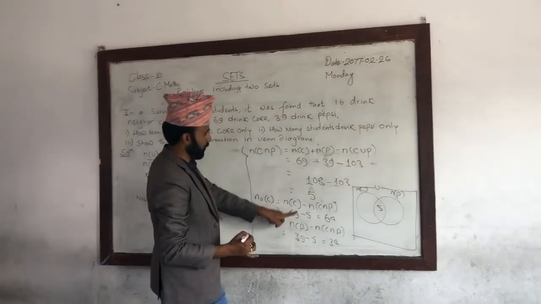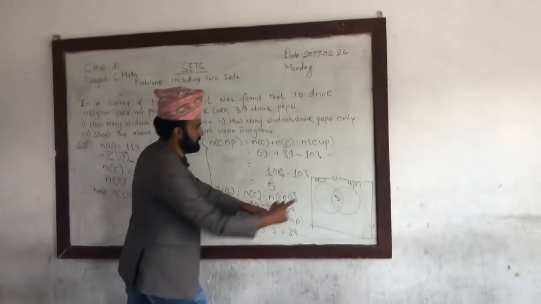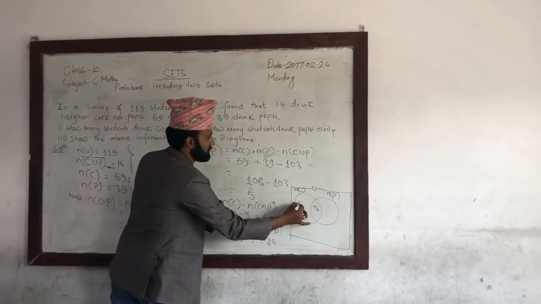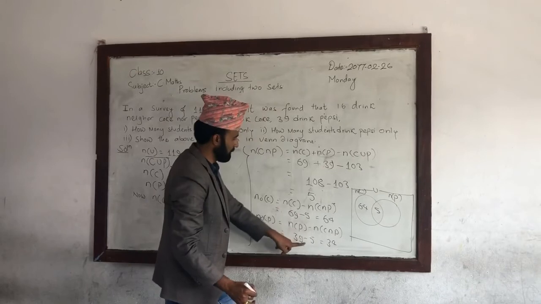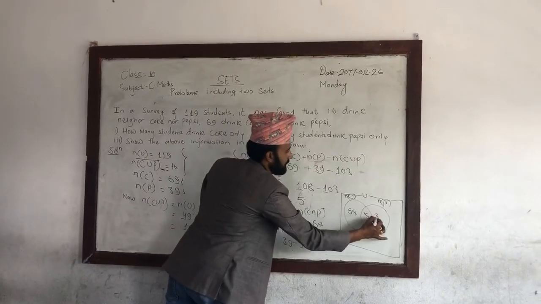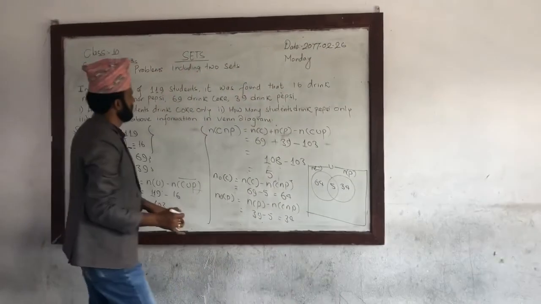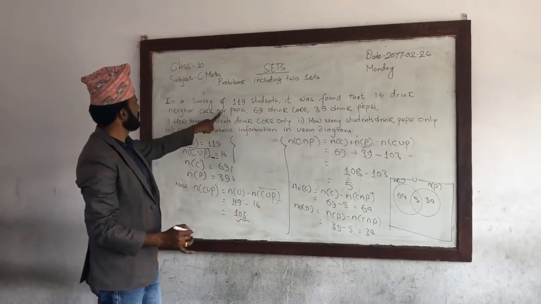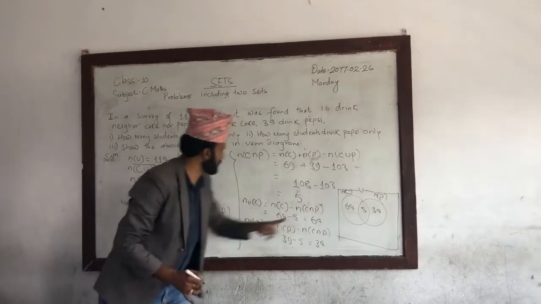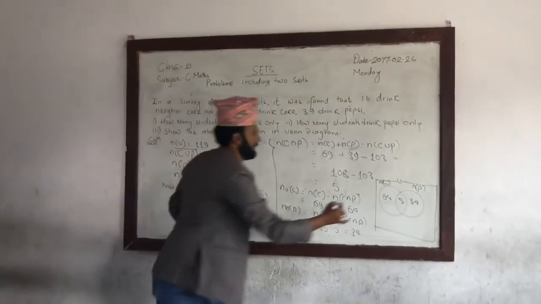Who like only Coke, 64. Who like only Pepsi, 34. And neither Coke nor Pepsi, that portion. How many? 16.